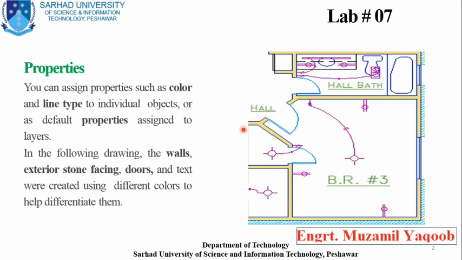In this picture you can see the walls, the interior, stone fencing, doors and text were created using different colors to help differentiate them. So let's go through some detail.